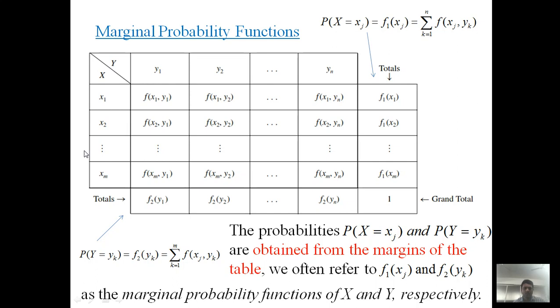These are the probability distribution tables as we saw in the last lecture. Now capital X and capital Y are random variables, and x1, x2 and so on up to xm are the component events of random variable capital X. Small y1, y2 and so on up to yn are the elements of the random variable capital Y. Corresponding to x1 and y1, the probability mass function is f of x1 y1.